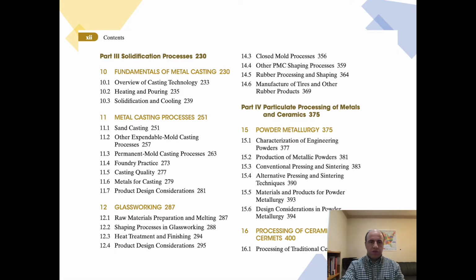If you look at the content section of the book, we will be covering chapter 10, Fundamentals of Metal Casting, and then in chapter 11, we will discuss the various metal casting processes like sand casting, expendable mold casting processes, permanent mold casting, and the quality of the casting process.